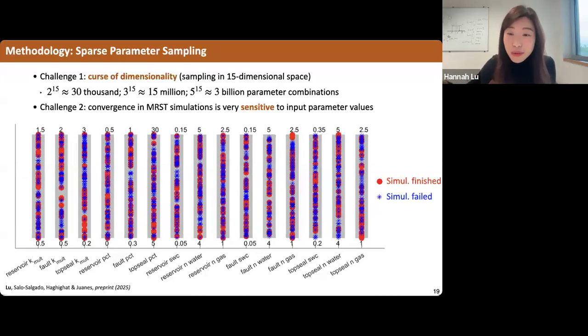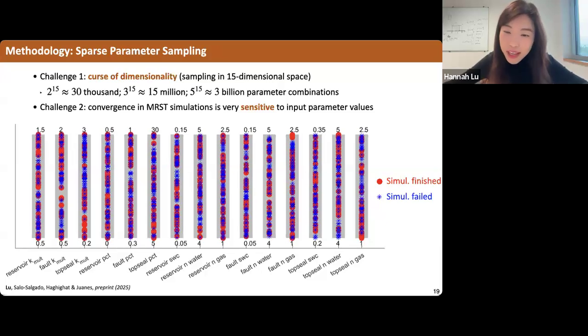Here, the simulation tool we use is the MATLAB toolbox for reservoir simulation, MRST. We see the overlap with each other of all the cases, and they're all over the space. So we cannot really determine which region in this 15-dimensional space will lead to failure simulations. So we just need to embrace this challenge.